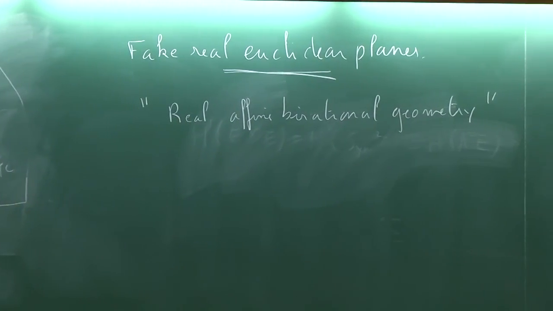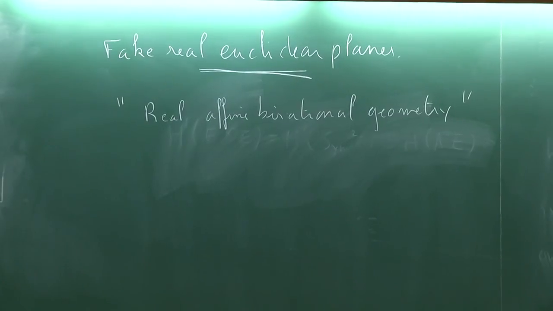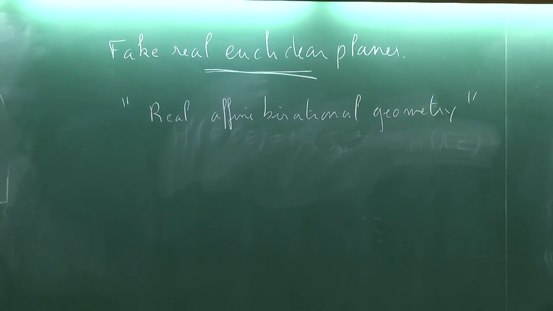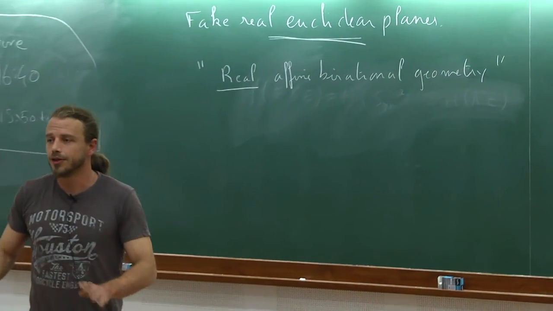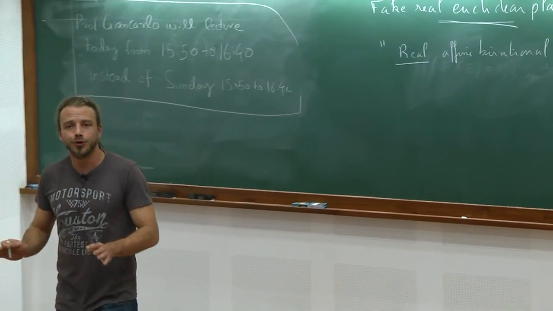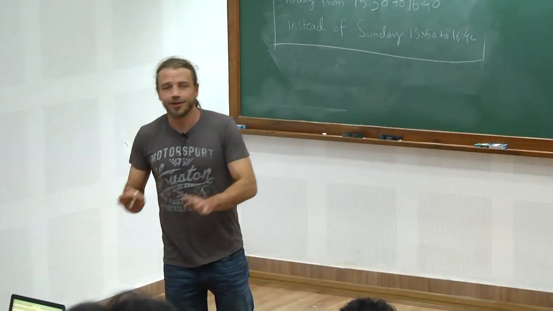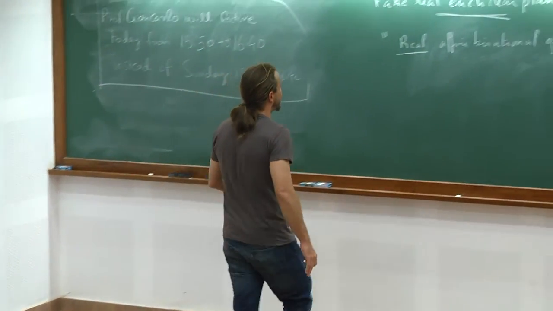I will try to explain the flavor of this thing. So the point is we deal with real algebraic varieties. So let me quickly remind you what is a real algebraic variety so that everybody can feel comfortable with this.